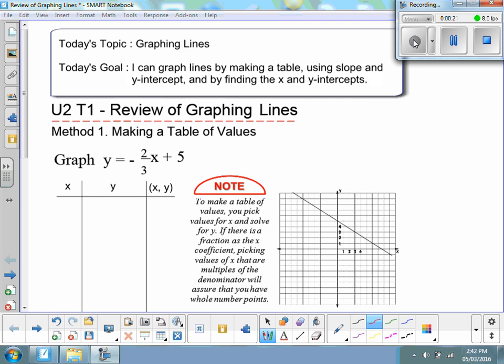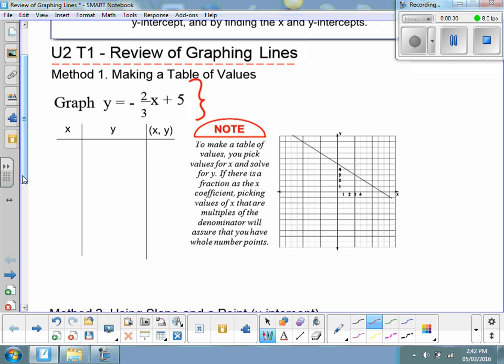So we're going to start, method one is making a table of values. So here we've got an equation for a line. And when we do a table of values, we can choose any values we want for x. We substitute them in and then figure out what y is equal to.